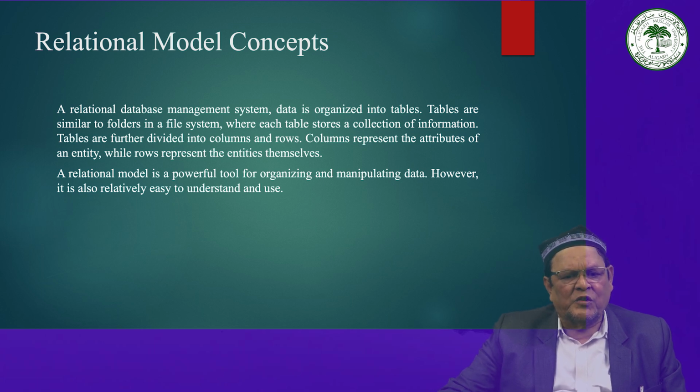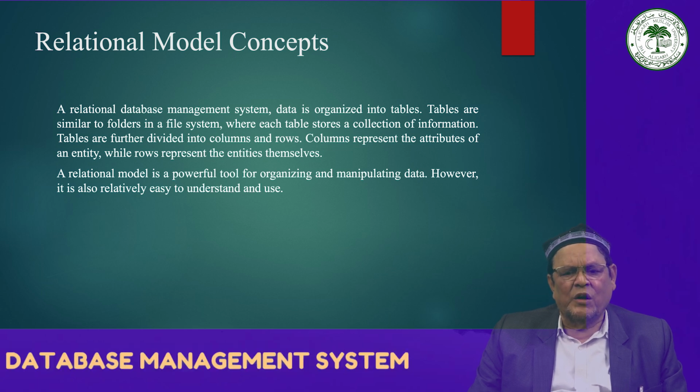In a relational database management system, data is organized into tables. Tables are similar to folders in a file system where each table stores a collection of information. Tables are further divided into columns and rows.